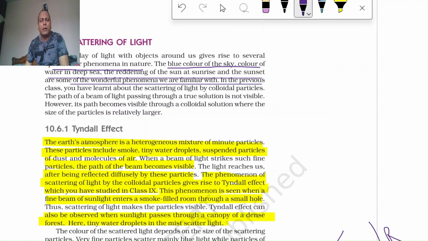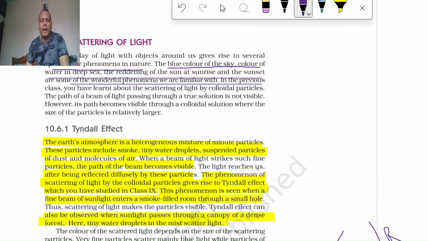Now coming to the Tyndall effect. The earth's atmosphere is a heterogeneous mixture of minute particles. We all know the different layers of our earth's atmosphere. These particles include smoke, tiny water droplets, suspended dust particles and molecules of the air.